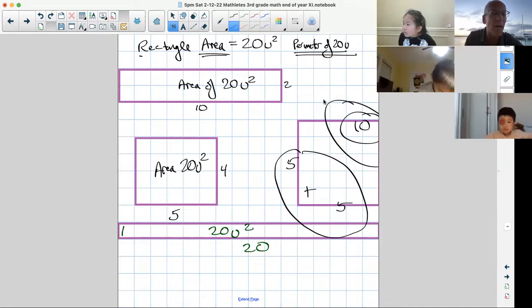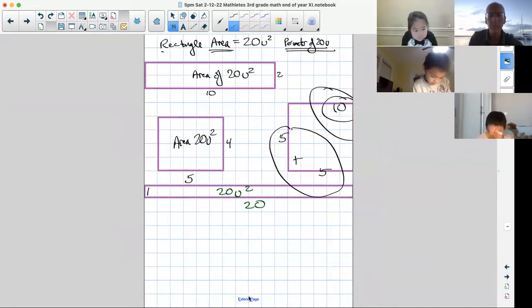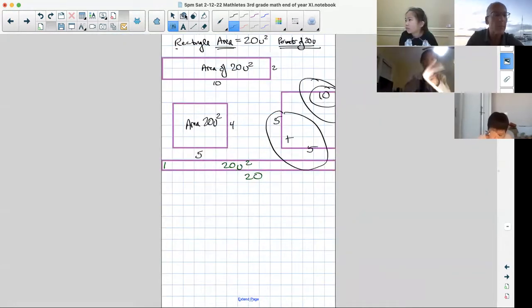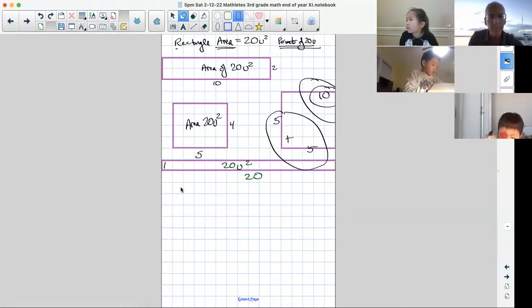Did anybody draw a different one? Go ahead, Jason B. Can you tell me the dimensions, Jason B? 4x6.